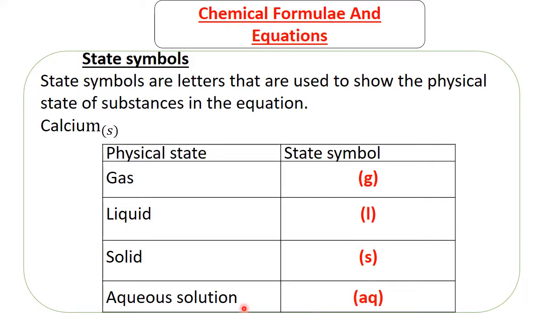The question is, what is an aqueous solution? An aqueous solution is any solution that is made of water and another substance. If, for example, we have an aqueous solution of sodium chloride, it means sodium chloride has been dissolved in water. So these are the state symbols, and that's everything about state symbols.